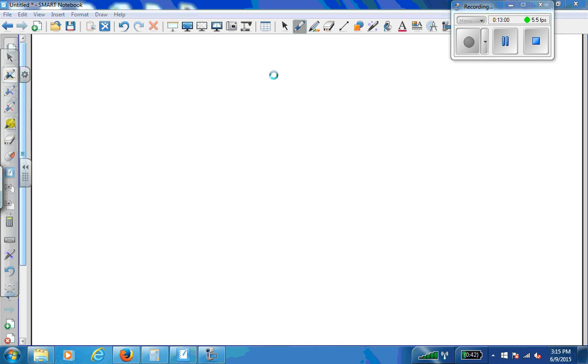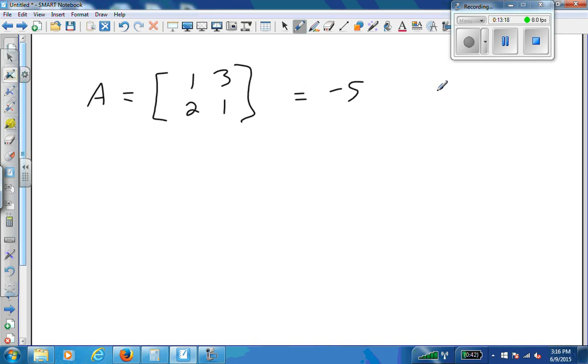So, quick example. If we have the matrix 1, 3, 2, 1, real quickly, the determinant of that is 1 minus 6. So we would expect the determinant of A inverse to be 1 over that.